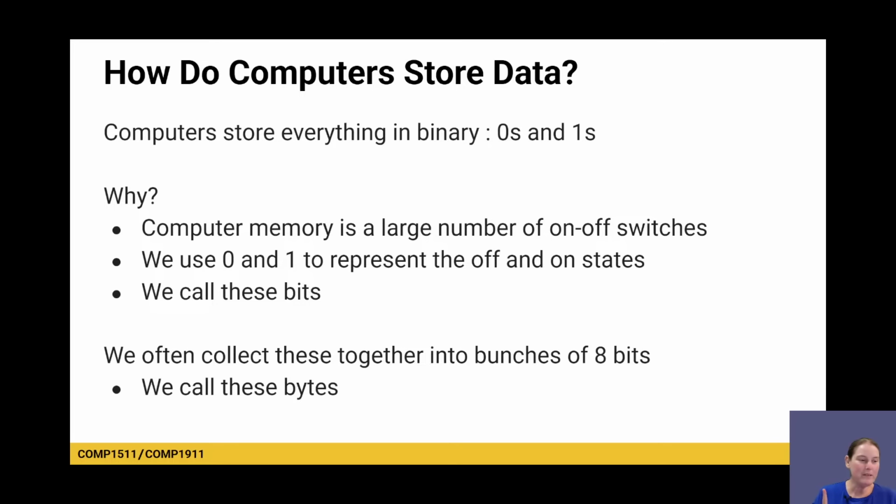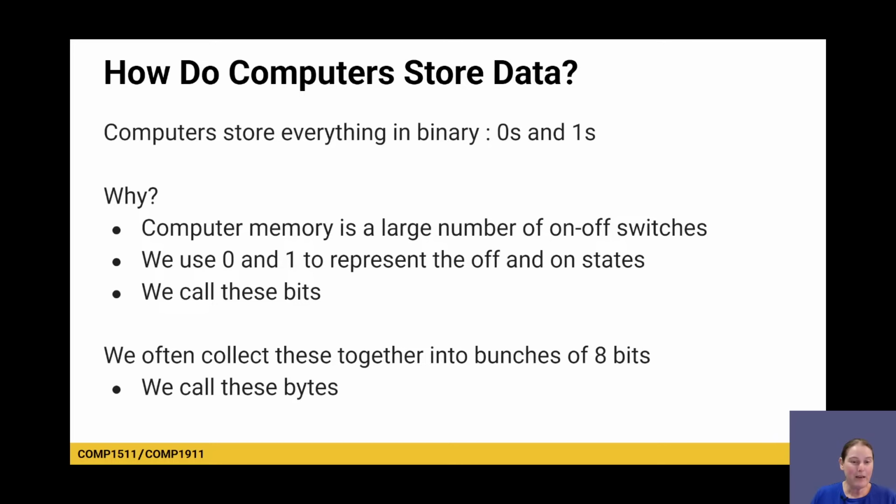So we can have 1 bit of information and it could either store a 0 or a 1. But we often collect these together into bunches of 8 bits. So in 8 bits, we can store more information than we can in 1 bit, and we call 8 bits a byte, which I'm sure you've all heard of, and you've probably heard of kilobytes and megabytes and gigabytes and terabytes.